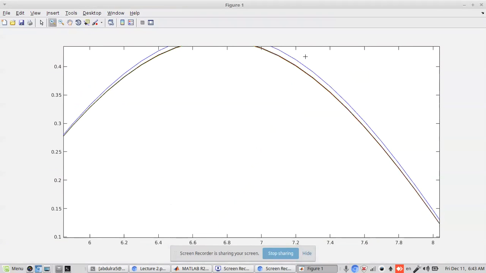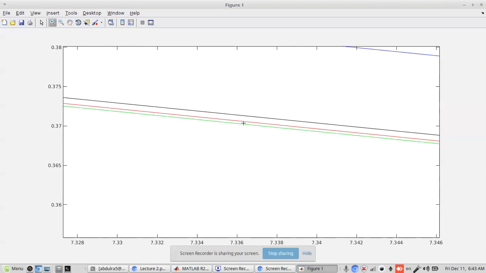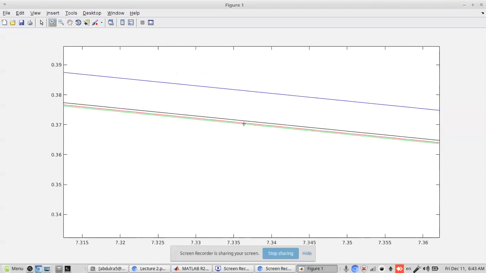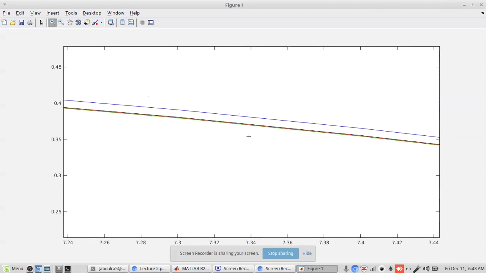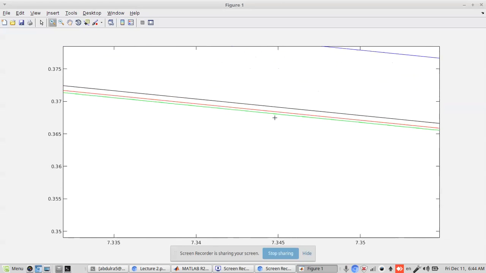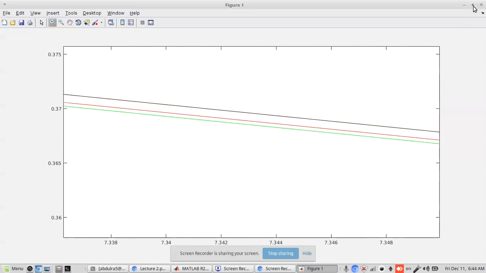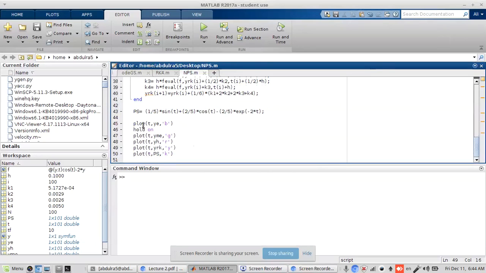Do we have the yellow one here? Oh, something wrong here. So let's close these things and see what is wrong with the Runge-Kutta.